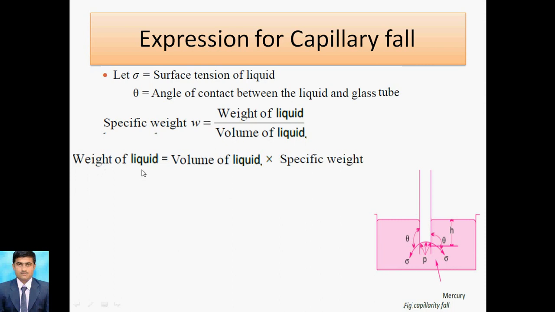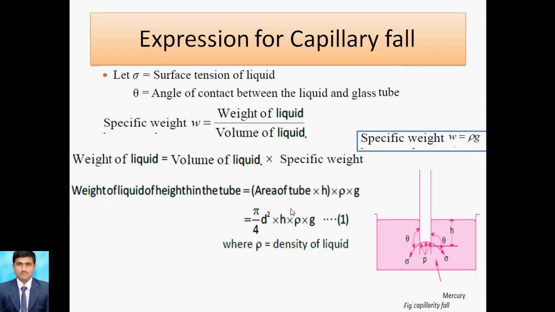So for simplification, the weight of the liquid is equal to specific weight times the volume of the liquid. The volume of the liquid means area times height. The area is π/4 d², the height is small h, and the specific weight is ρ g. So the weight is π/4 d² h ρ g. So this is equation number 1.